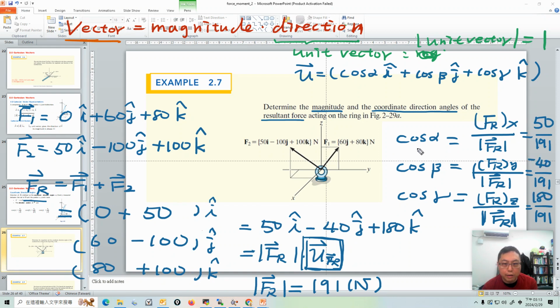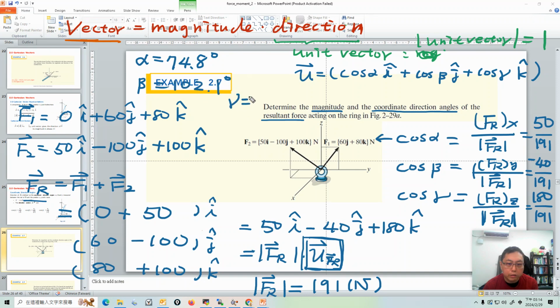So if you use your calculator, 50 divided by 191, and do the inverse cosine, you will get your alpha. Alpha is 74.8 degrees. So what's your beta? Minus 40 divided by 191, and then do an inverse cosine. It gives you 102.1 degrees.